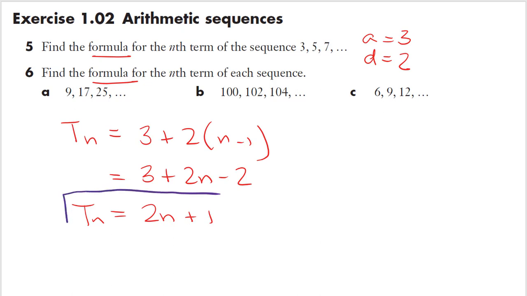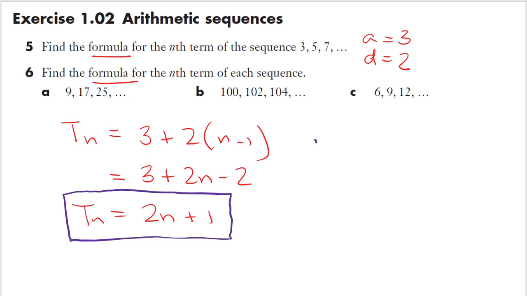Basically we've got a formula that we could use to substitute any nth value we want, and it would tell us what that value is. So if we wanted to know the 10th term in this expression, we'd just substitute 10 in there and you could see we'd get 21.